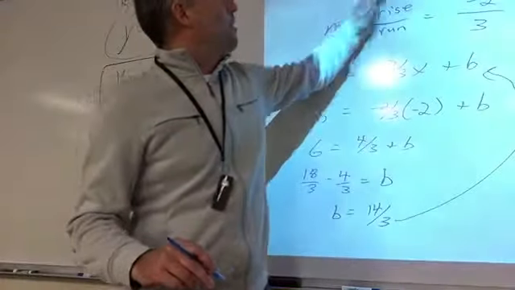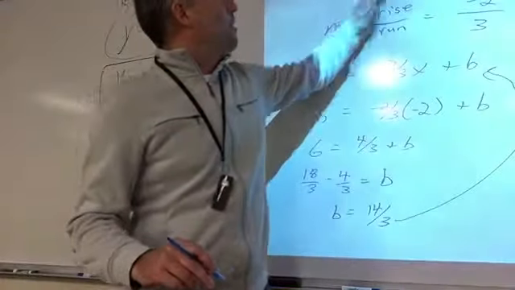Let's look at this one right here. Try it 2.16. I want the equation of a line that's parallel to that line that they gave me, and it goes through the point -1, -2.